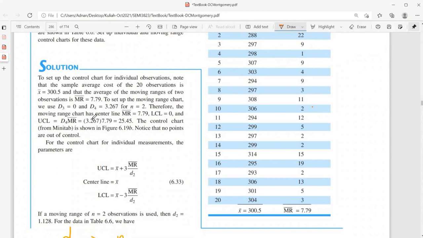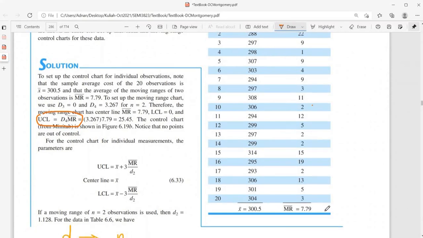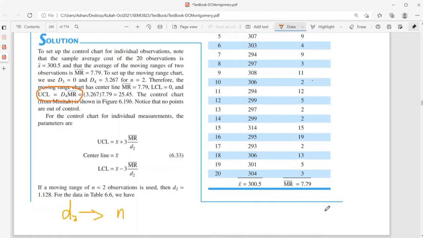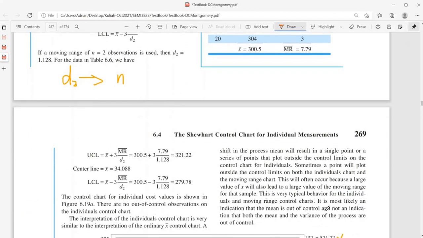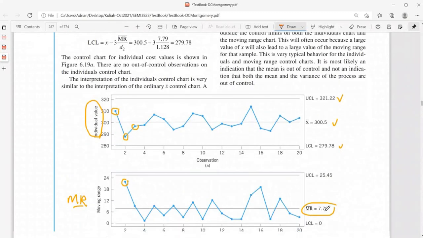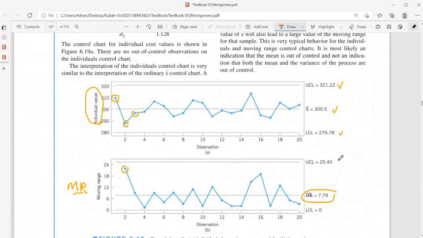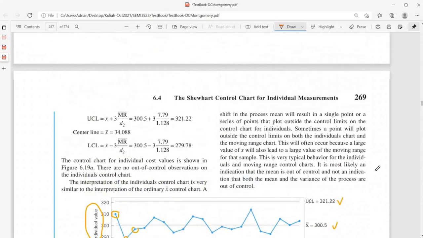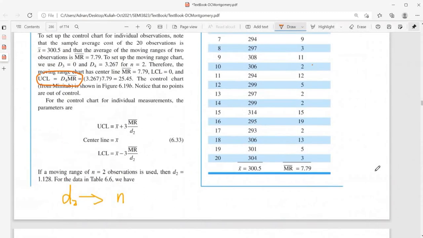What we have here is the moving range, D4. This one is D4. D4 multiplied by MR.